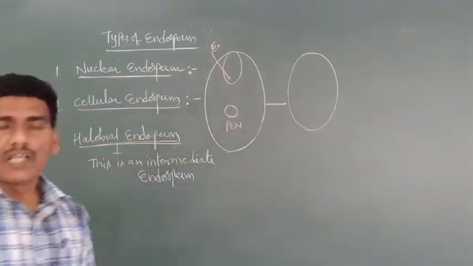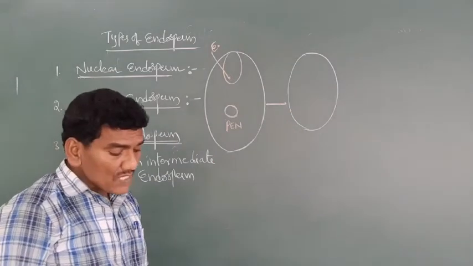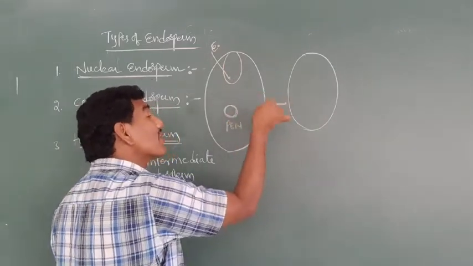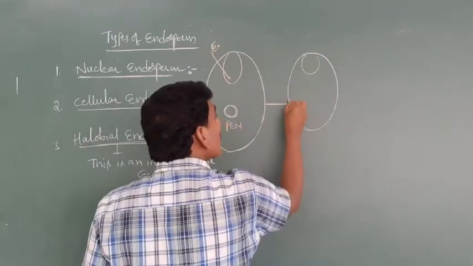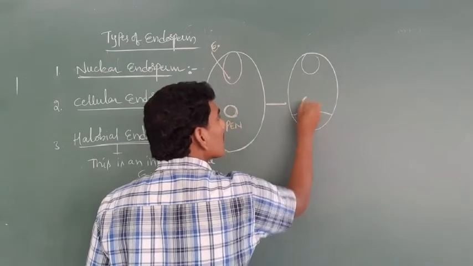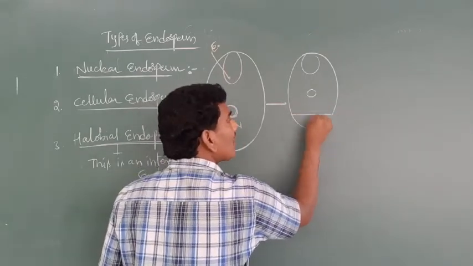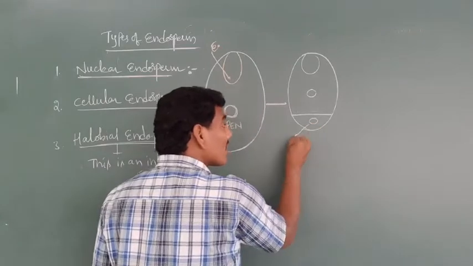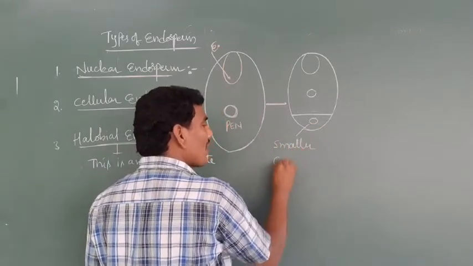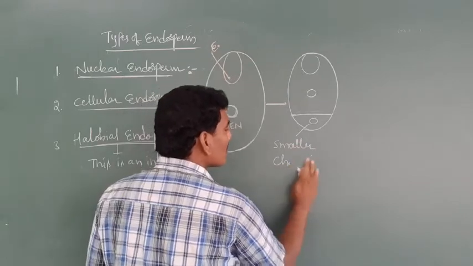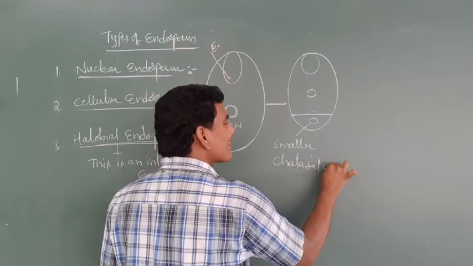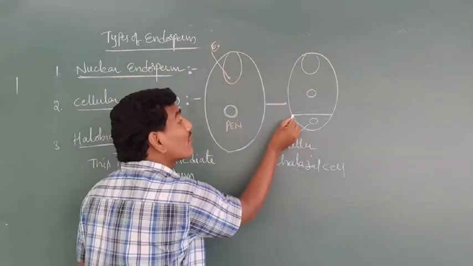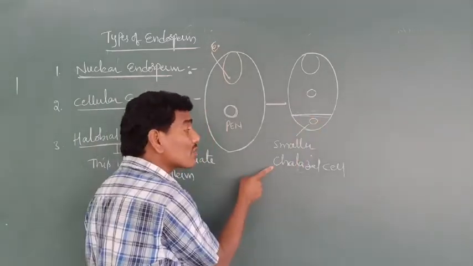This is the endosperm nucleus. The first division of the endosperm nucleus is followed by transverse wall formation, resulting in the formation of a smaller chalazal cell.